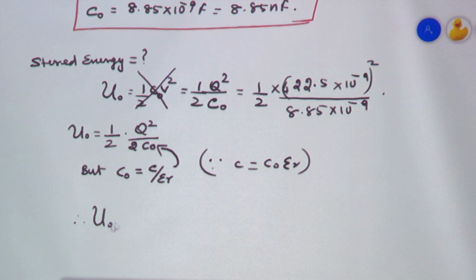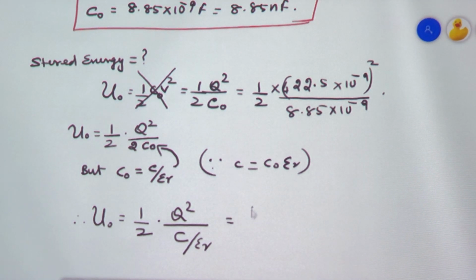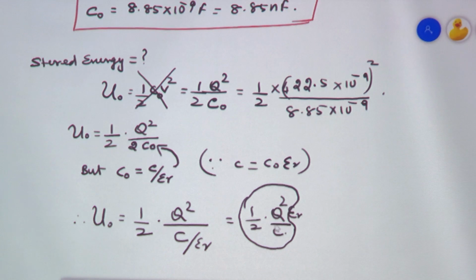Therefore, I can write epsilon 0 equal to half into Q square divided by, instead of C0, C by epsilon R, which is equal to half into Q square into epsilon R divided by C. Half into Q square by C is nothing but epsilon, multiplied with epsilon R.